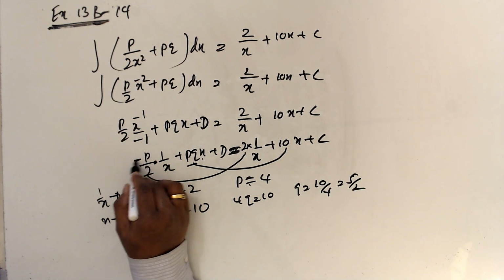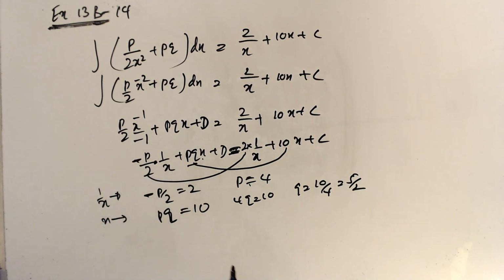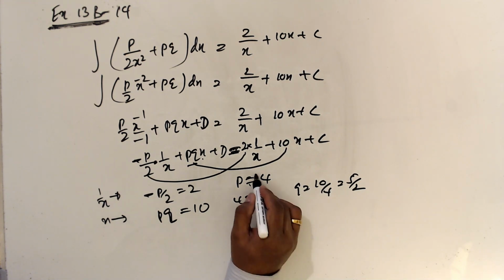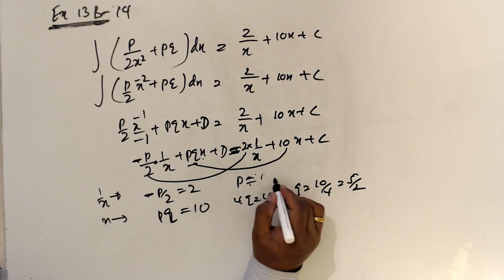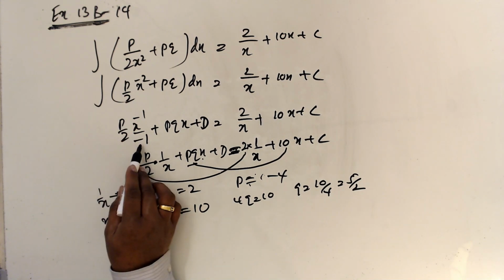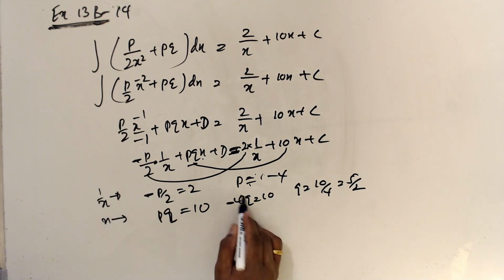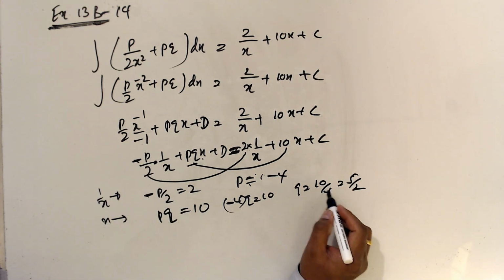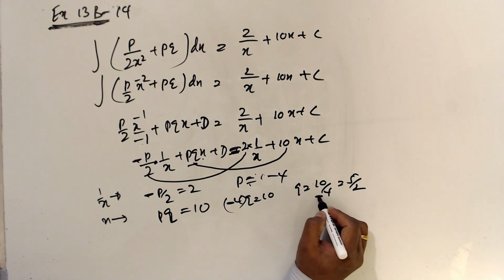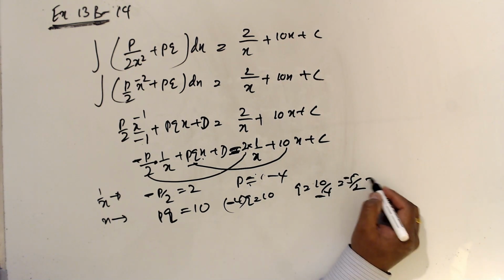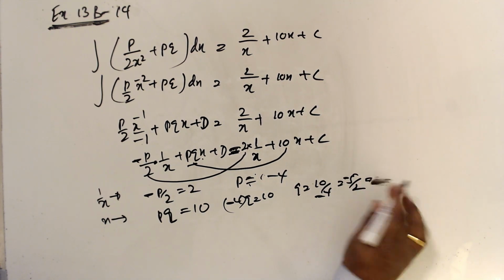Actually this is a minus value. So this is minus p over 2, then p equals minus 4. Right, this minus will come. So pq: minus 4 times q equals 10, q equals minus 2.5.